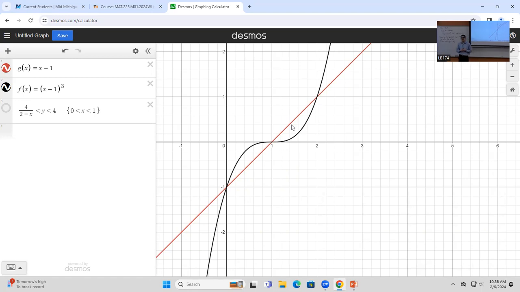Or are we asking something where maybe this area counts as a positive area and this area counts as a negative area? There's a lot of applications where you count certain areas as positive and certain areas as negative. Does that make sense?